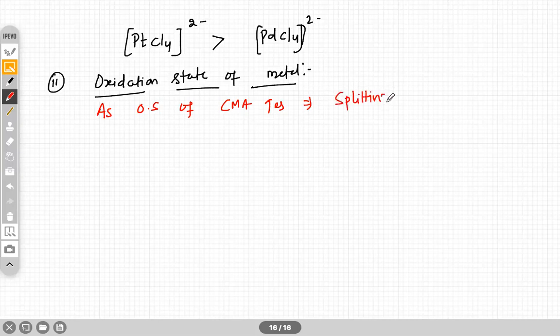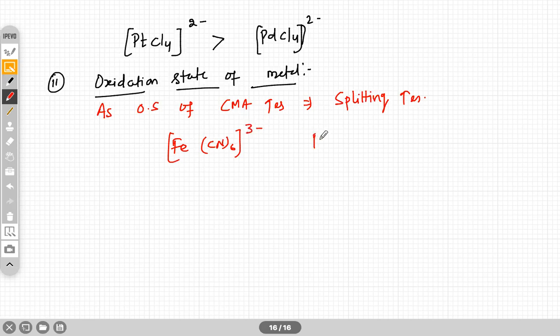Because more positive charge means more attraction, and hence more repulsion in the d orbital, more splitting. So easily you can compare Fe(CN)6 3 minus and Fe(CN)6 4 minus. Obviously, in the first one, the repulsion will be more.